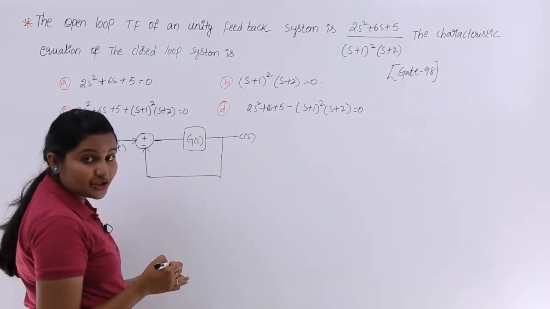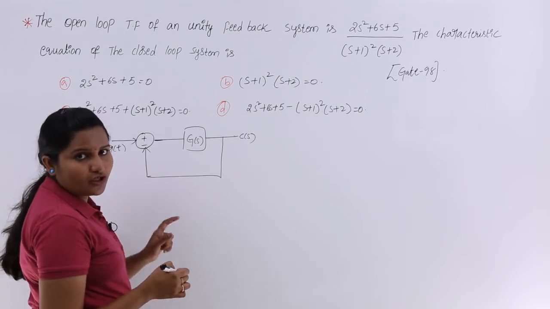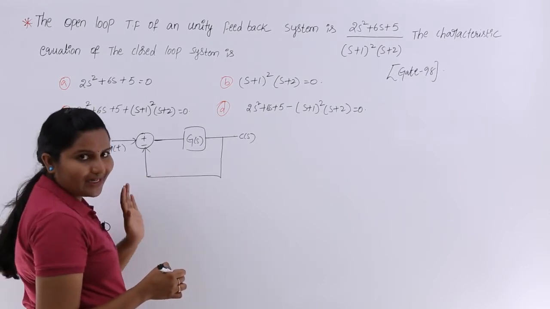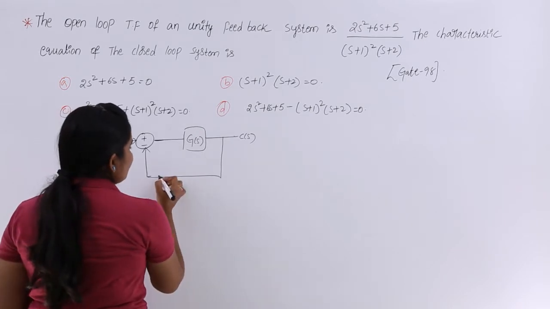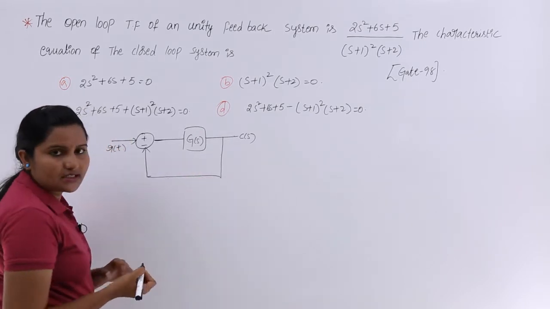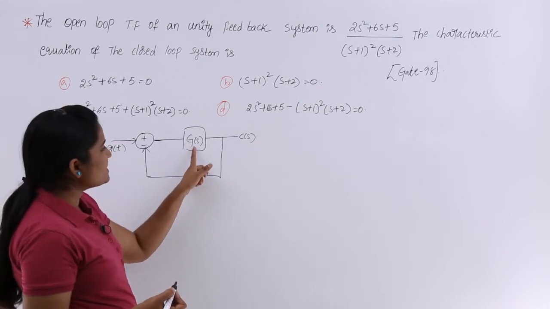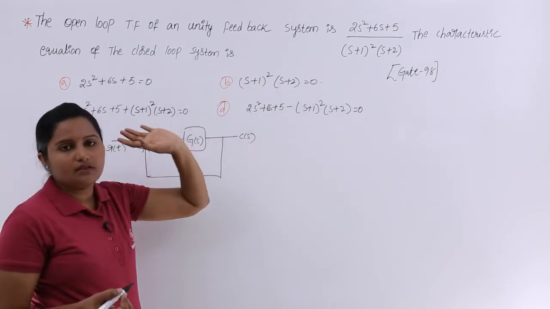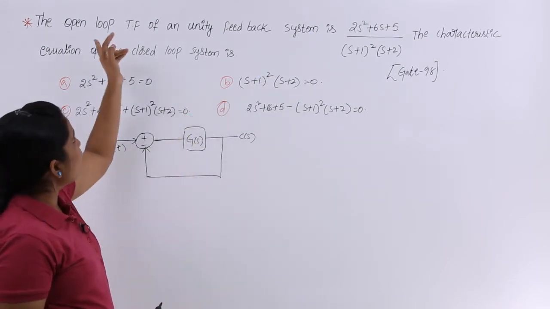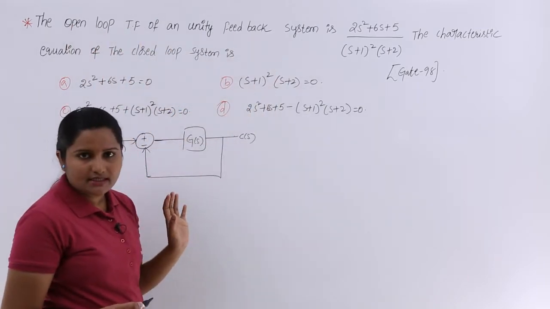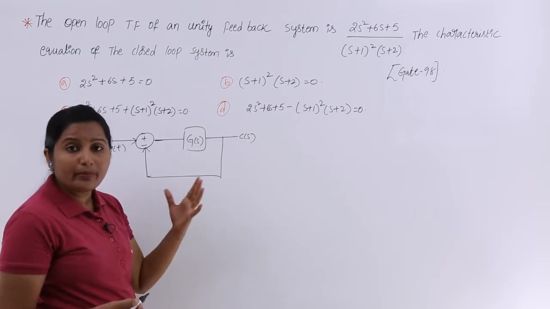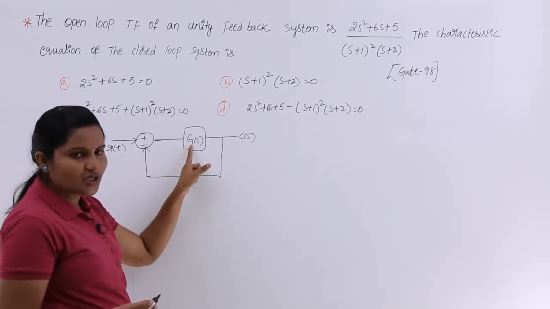If they mention positive feedback, then only you consider positive feedback, otherwise the general feedback is negative feedback only. So, unity feedback means H of S must be equivalent to 1. This G of S is nothing but the open loop transfer function of the unity feedback system.